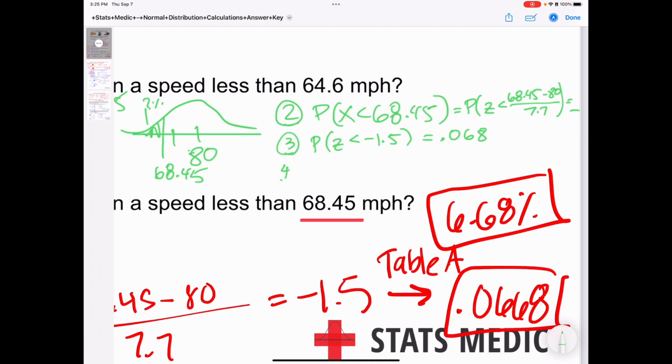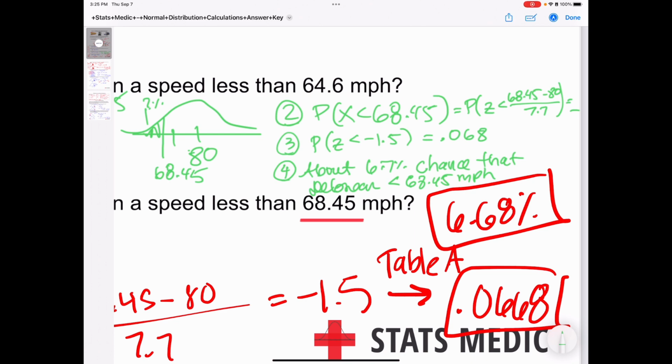And the fourth step is going to be about 6.7% chance or probability that the DeLorean will be less than 68.45 miles per hour. So that's how you do it if you're using the chart.